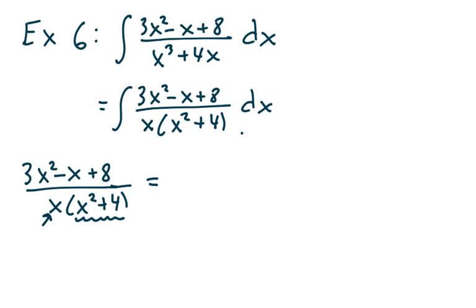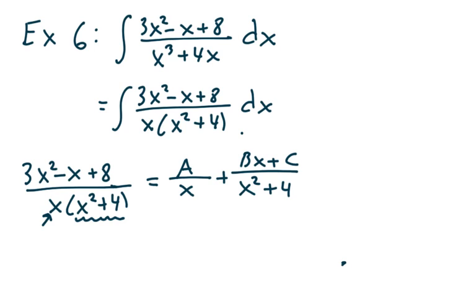So when you break this apart, you get A over x. So there's still a constant on top when there's a linear in the bottom. But when you have a quadratic in the bottom, you need to have a linear on top, a linear numerator. And so it's going to look in this form, Bx plus C.